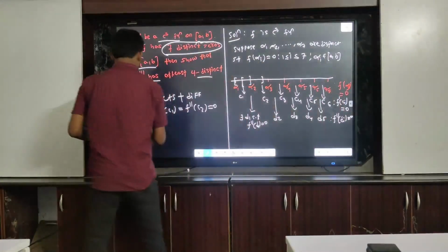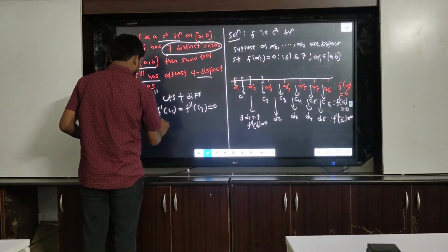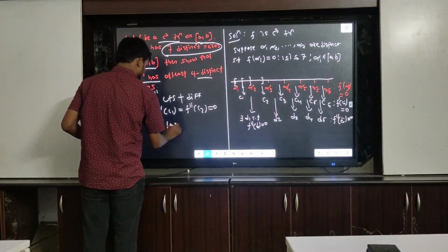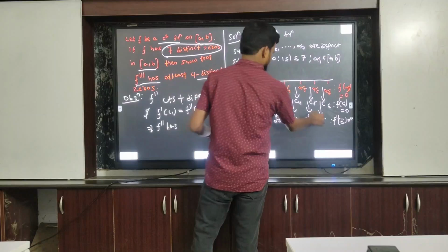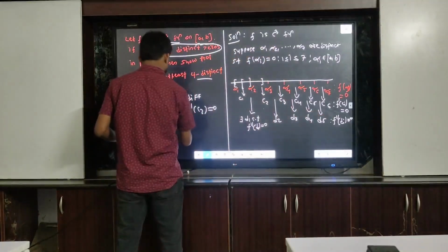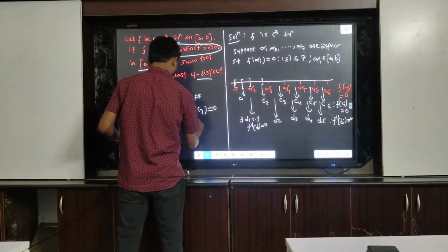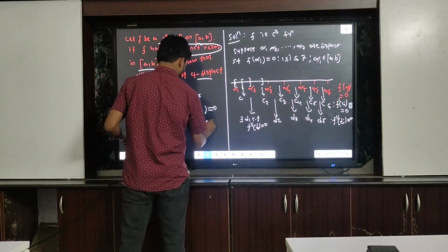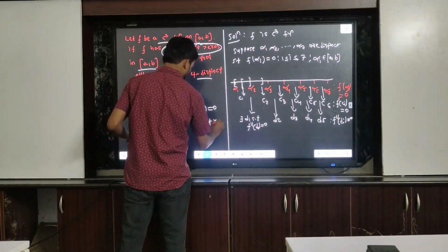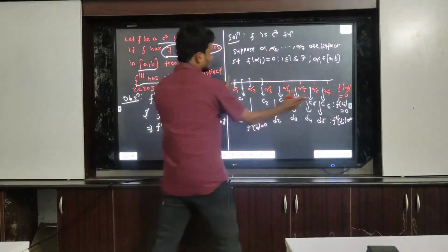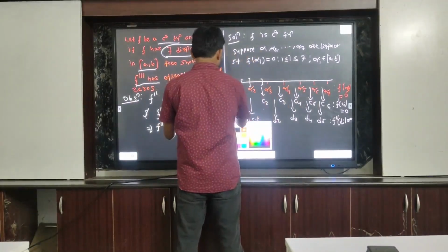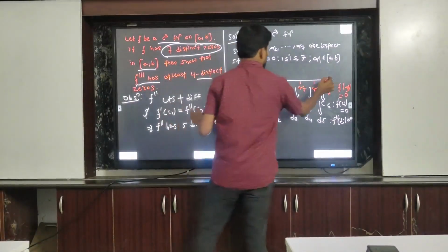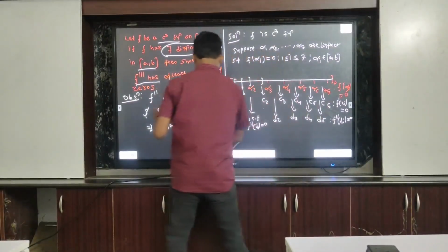So what we observe is that f double dash has 5 distinct roots. All the roots lie in the closed interval between A and B.